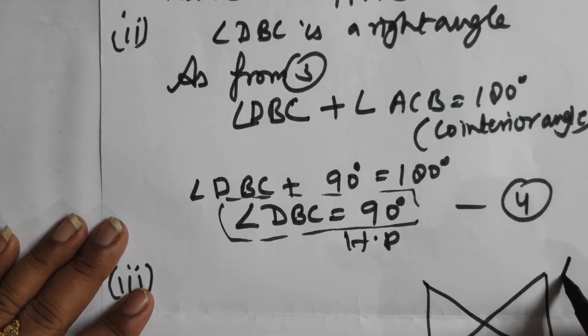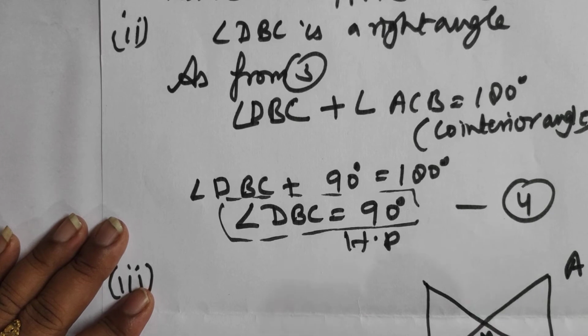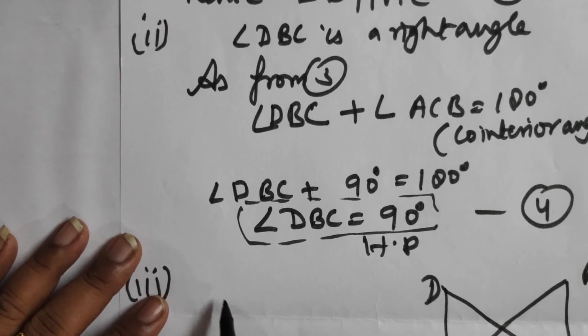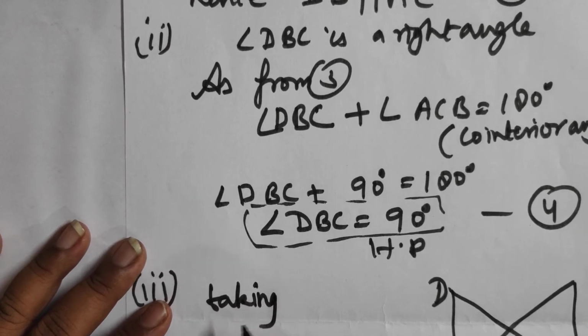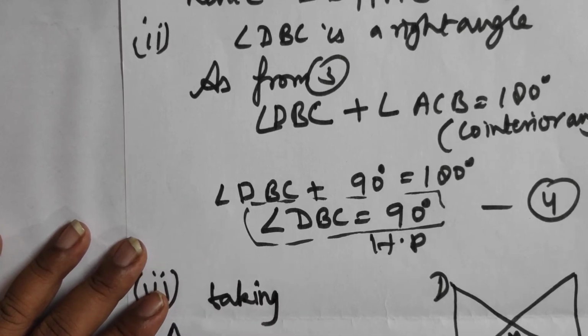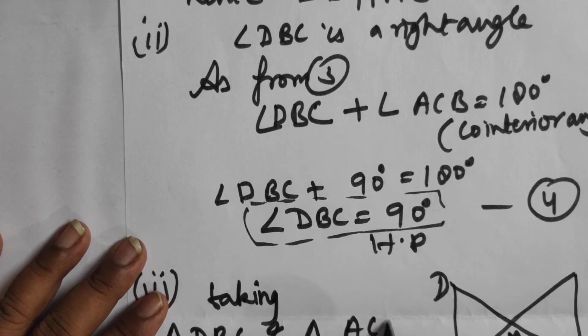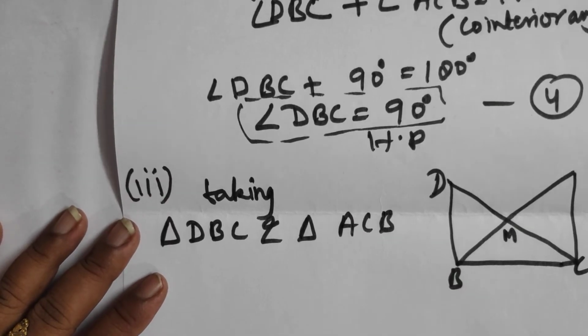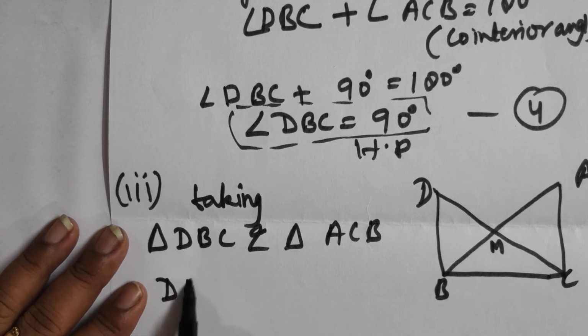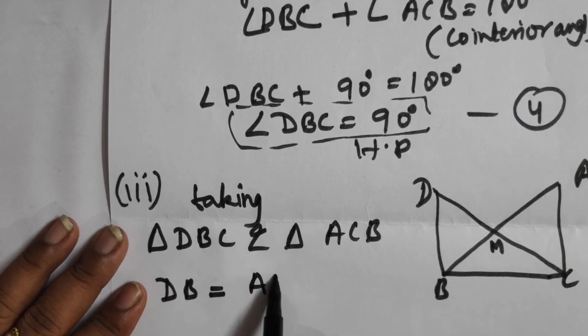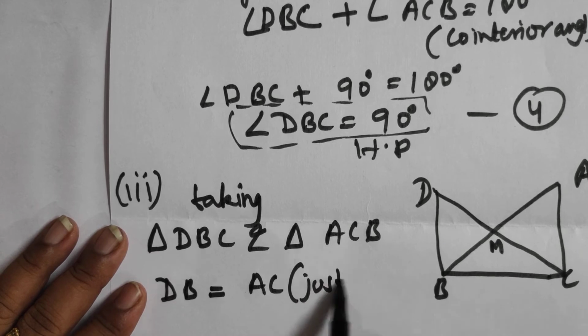That is C, A, M, B and D. Now third thing, taking triangle DBC and triangle ACB. Yes, DB is equal to AC, just proved.